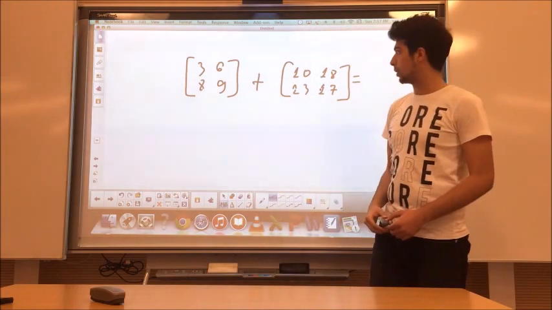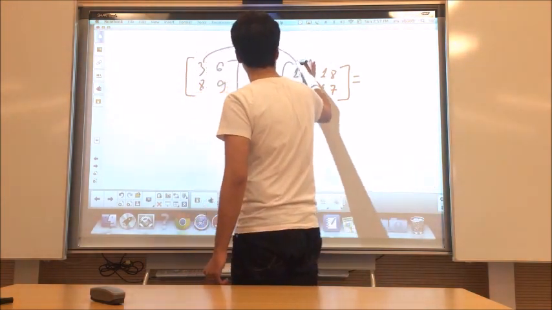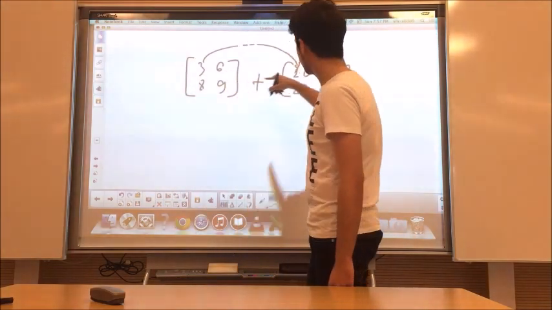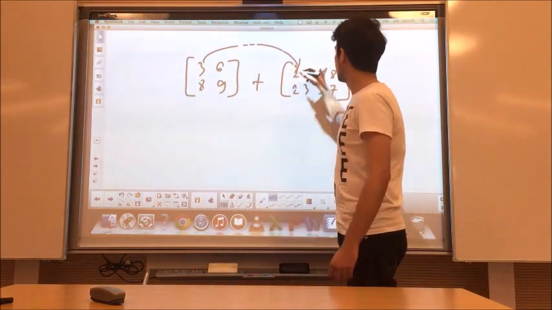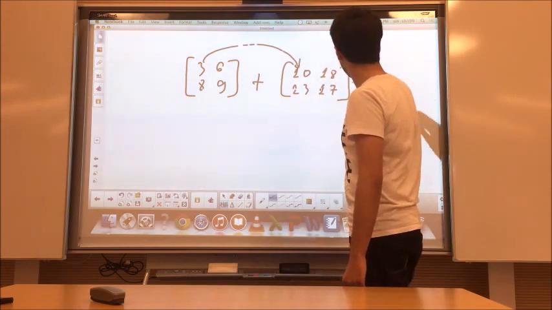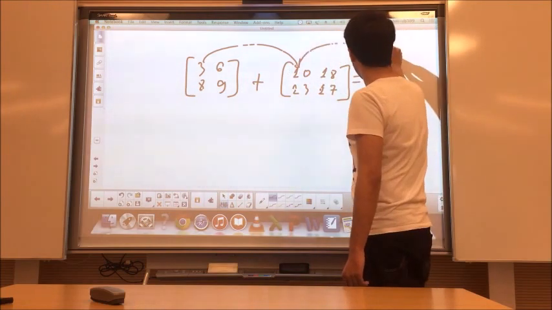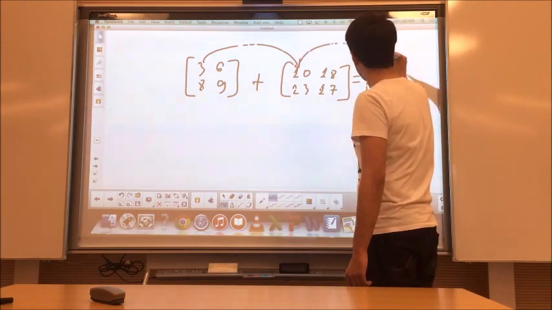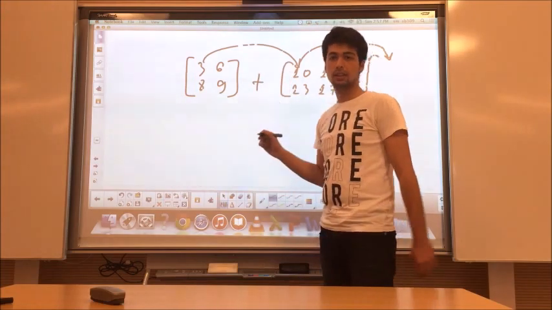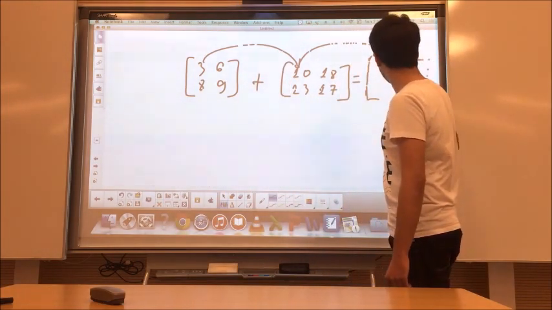While doing these operations, we took one number from the first matrix, then add it to the second matrix. Then we equal this to this part, the third matrix.